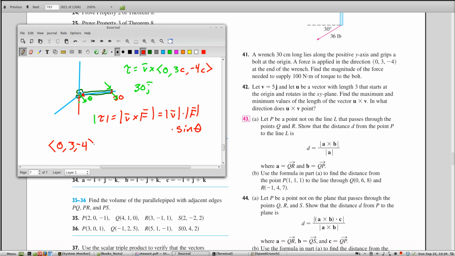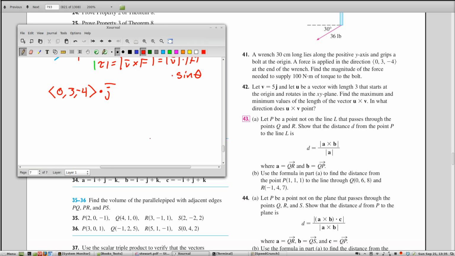So that's going to be that thing dot j, divided by the magnitude of this, which is the square root of 25, which is 5. And we have to apply inverse cosine. So this turns out to be inverse cosine of 3/5.